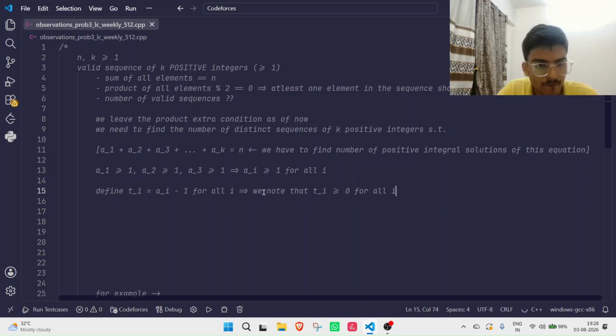We can transform the above equation as t1 plus 1, because a1 is t1 plus 1, plus t2 plus 1 plus t3 plus 1 has to be equal to, let's suppose, tk plus 1 is equal to n.